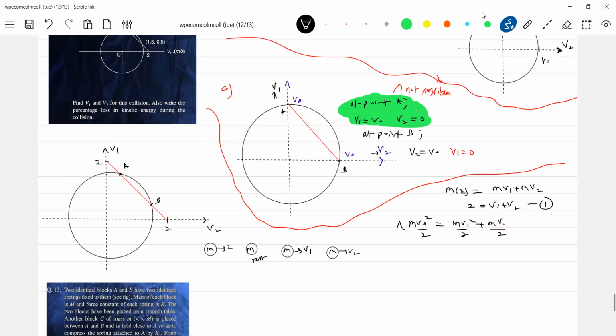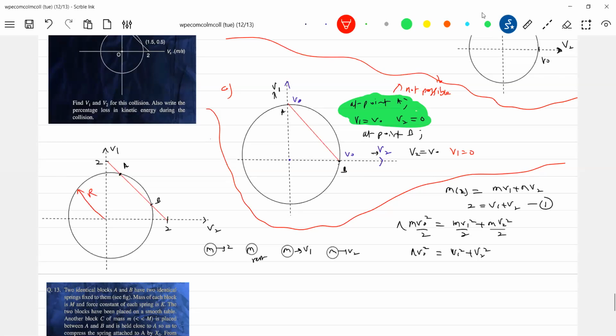Do we know the radius of the circle? So what is the radius of the circle? It will be root eta v naught. So therefore this will become eta v naught square equal to v1 square plus v2 square. This everything will become the radius of the circle. I'll write it r.